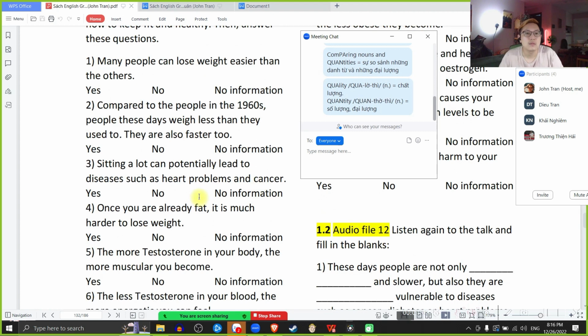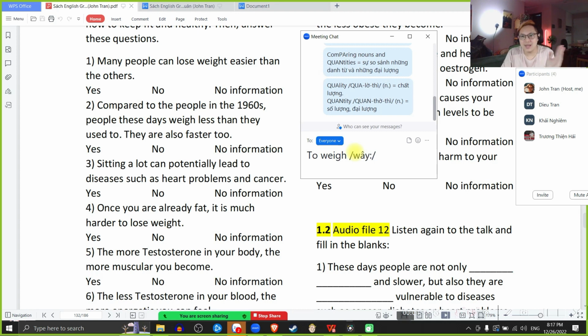So number one, many people can lose weight easier than the others. Nhiều người có thể giảm cân dễ dàng hơn những người khác. Yes, no information. Number two, compared to the people in the 1960s, people these days weigh less than they used to. They are also faster too. Nếu được so sánh với những người ở trong năm 1960, con người ngày nay họ weigh, nó chỉ là weigh thôi.